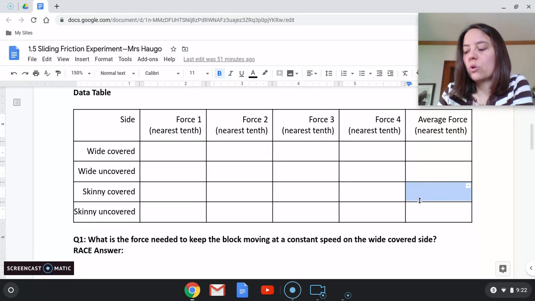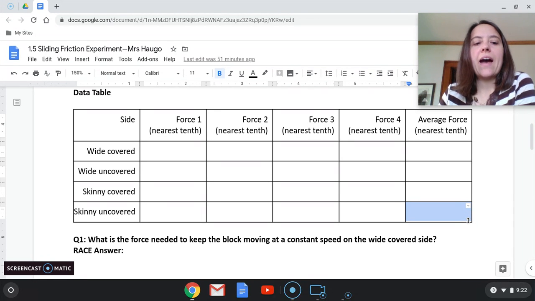And so were those closer, were those kind of close to each other? And then we're going to have to compare wide uncovered with skinny uncovered. And were those numbers kind of close to each other or really different?